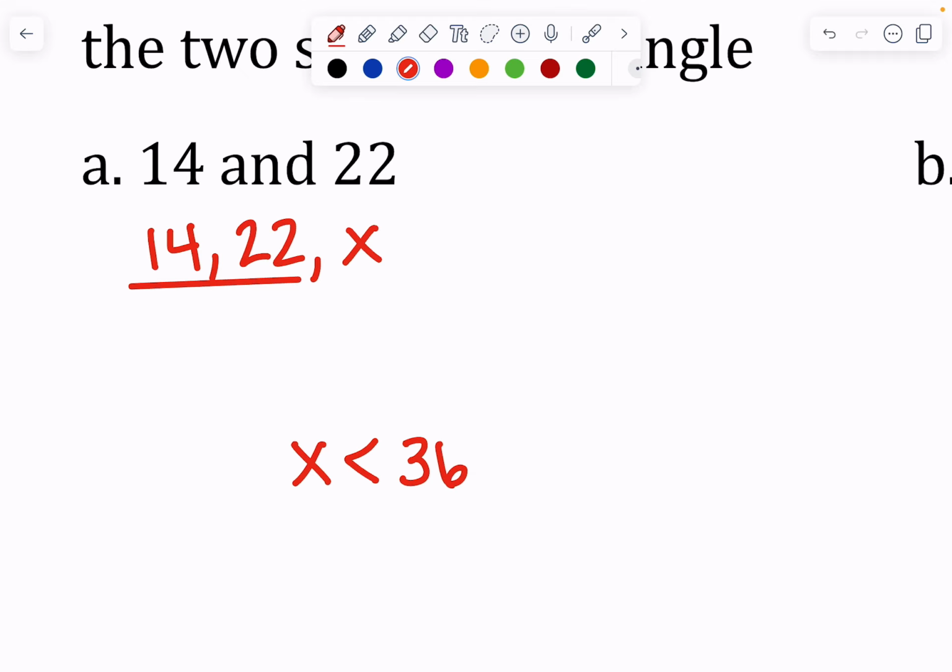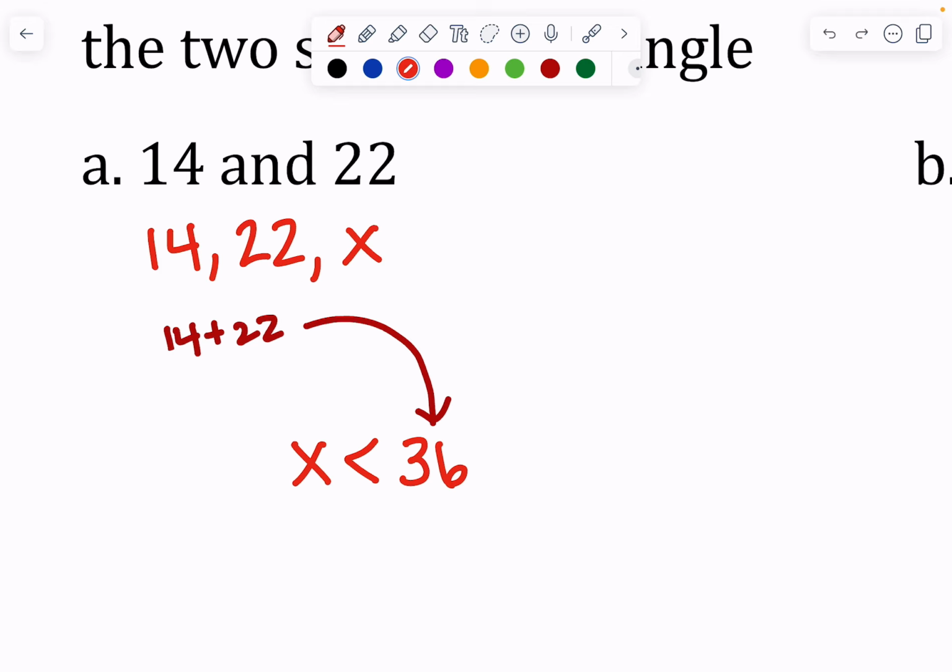How did I get 36? I took 14 plus 22 to get that number. Okay, now automatically, 22 is bigger than 14, okay?